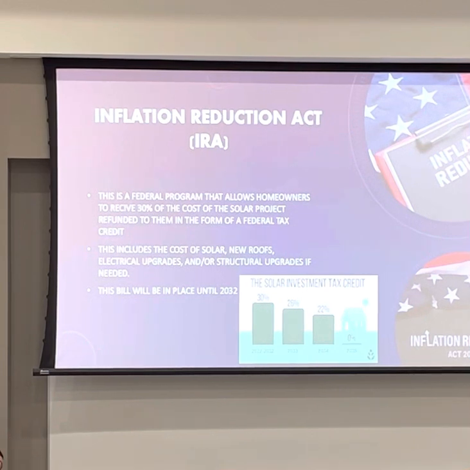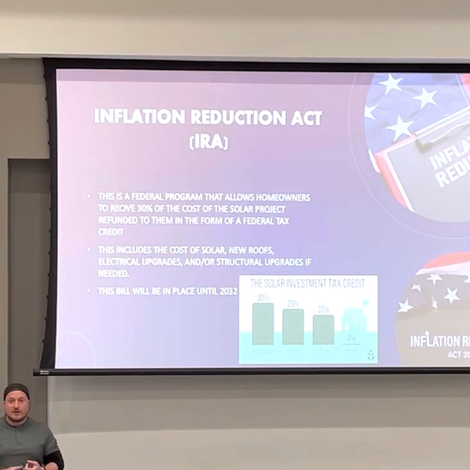Now this money also includes costs of roofs, electrical upgrades, structural upgrades, and things like that around your home, in case you need to get these upgraded in order to go solar. So if you have a bad roof, you're thinking of going solar, the federal government is going to not only pay for the roof, but also pay for the solar as well.